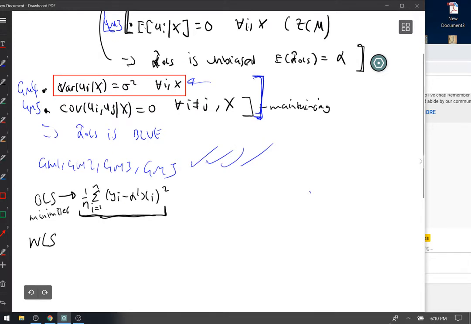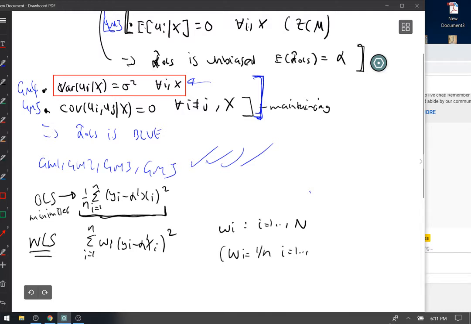If not, you can generalize OLS to weighted least squares, where you choose some weights and come up with a new loss function, where these w_i will be selected by the researcher for i equals 1 to n. So we can see straight away OLS is just a special case where the weight is a constant.